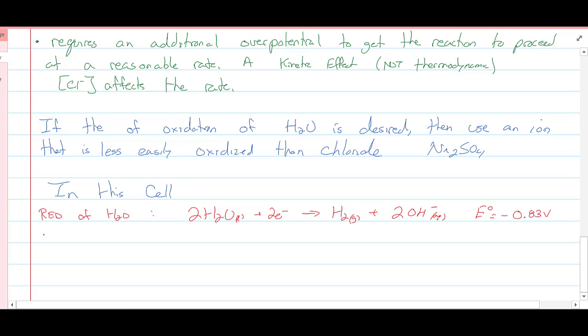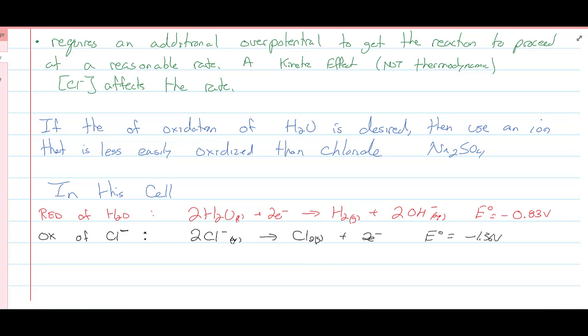And the oxidation of chloride happens. So we have 2Cl minus going to Cl2 gas plus 2 electrons, and that cell potential is negative 1.36 volts.